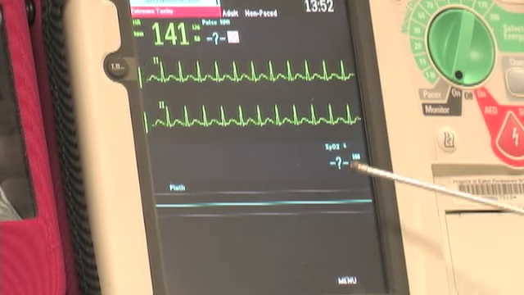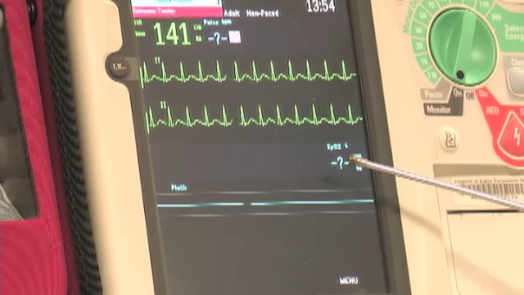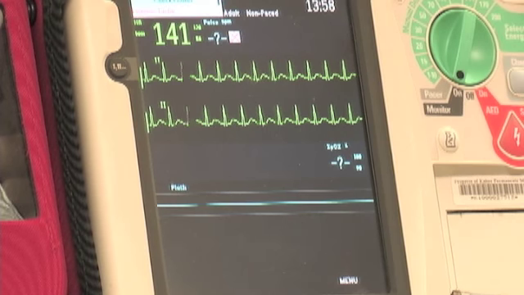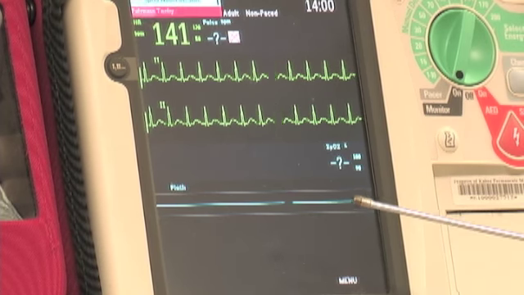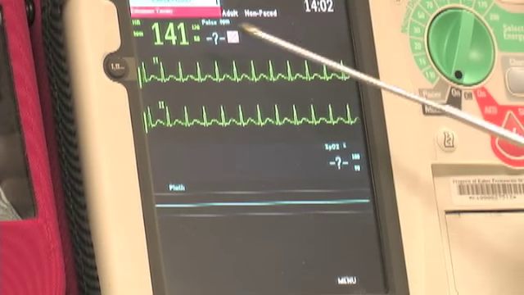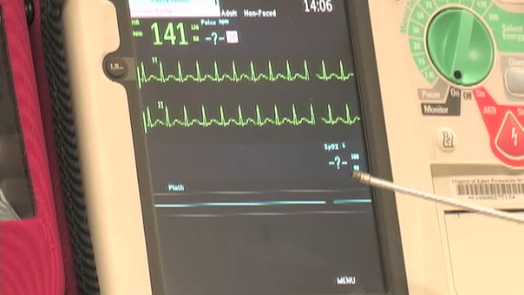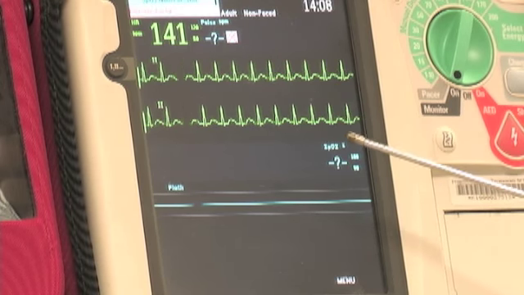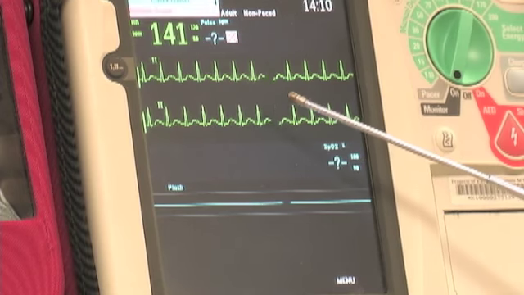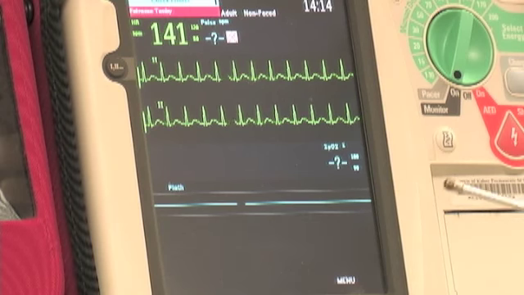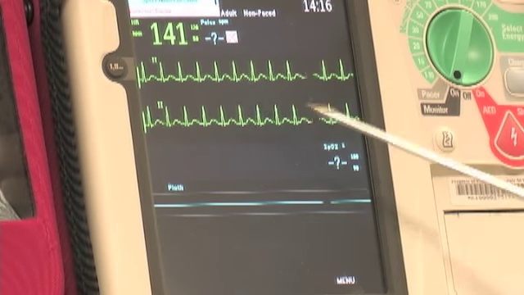So by definition, this is a sinus tachycardia. In ACLS land, any tachyarrhythmia that looks like a sinus tach that's less than 150, we're calling a sinus tachycardia. If it's faster than 150, then we're probably trying to show you an SVT, and we'll show you that in just a moment. But this is sinus tachycardia.